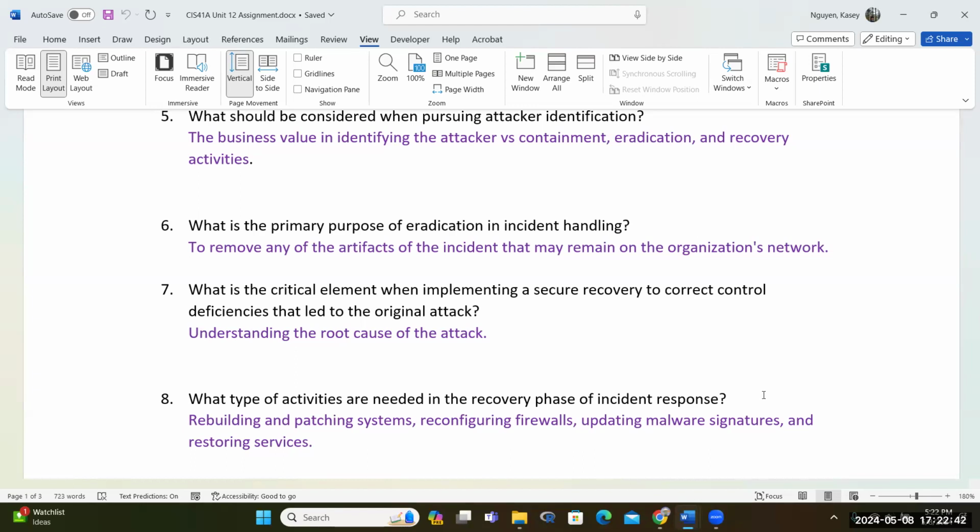So the critical element of implementing secure recovery to correct the control deficiencies that led to the original attack is to understand the root cause of the attack. All attacks stem from vulnerabilities. All attacks. 0-day attack.